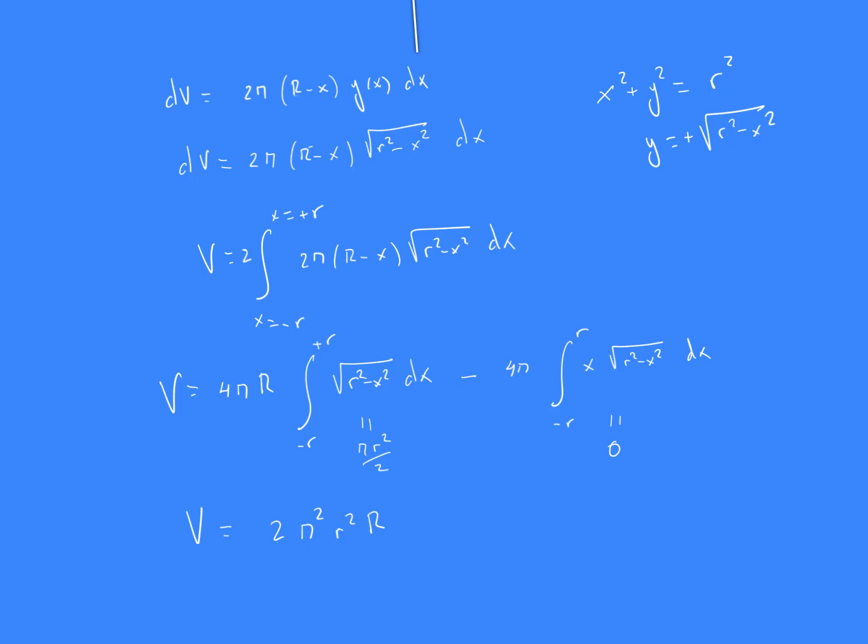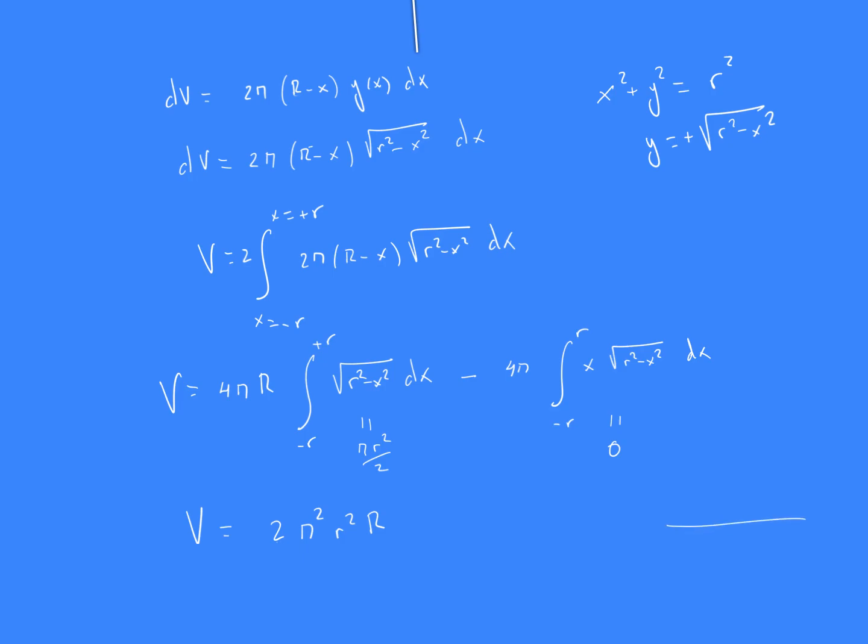And now you will say, wow, how will I solve this integral if I don't know how to solve this kind of integral? Well, this is the trick. This integral is the area of a semicircle. See why?